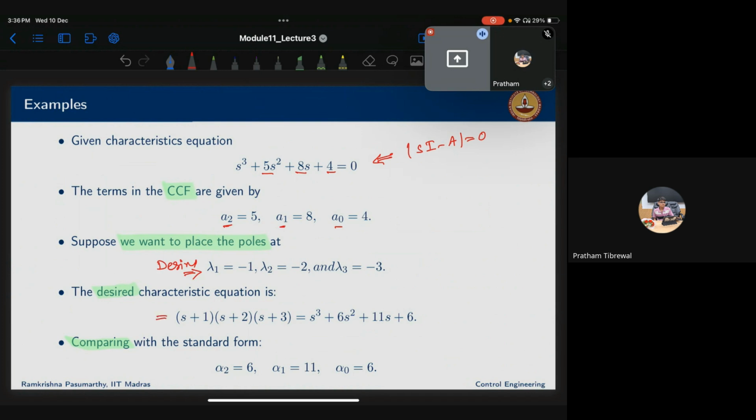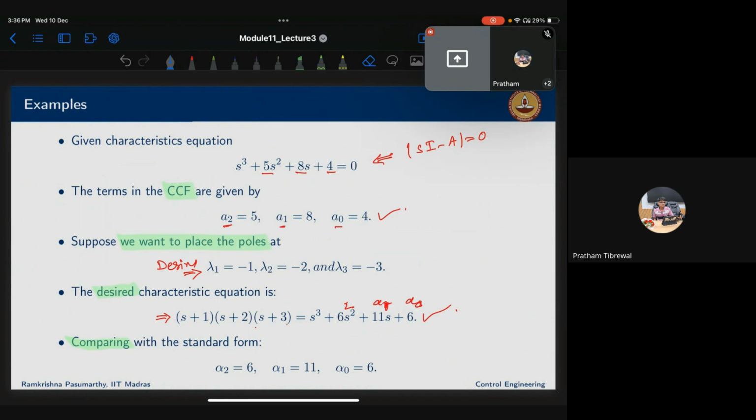The desired characteristic equation you will find like (s plus 1)(s plus 2)(s plus 3). So this is the polynomial, and these are the values, so these are alpha 2, alpha 1, alpha 0.